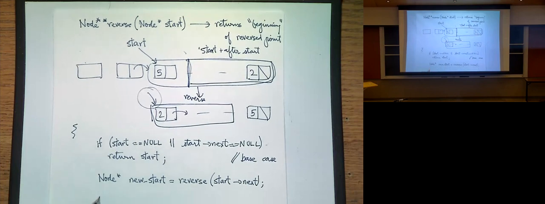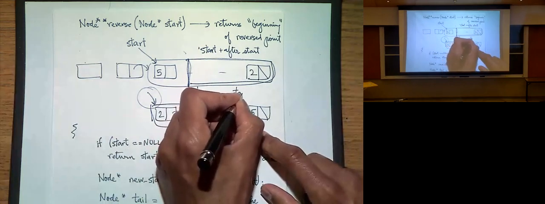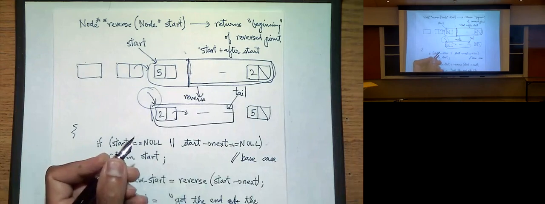Okay, so now I'll say node star tail, which is get the end of the above portion. So this is tail. This I can do just by traversing the list.